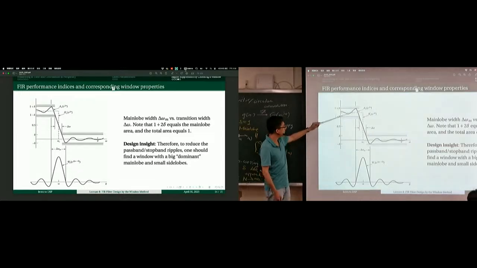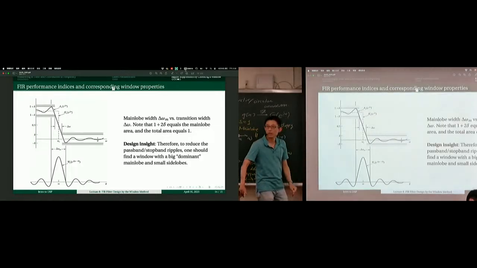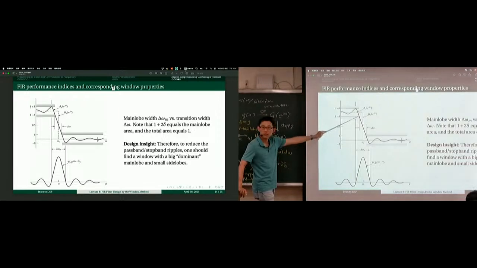That's why the entire region is the main lobe width, whereas the region it takes to drop from 1 minus delta to delta is narrower. And this narrower region is the definition of the transition width, defined by 1 minus delta and plus delta. Do we see that?